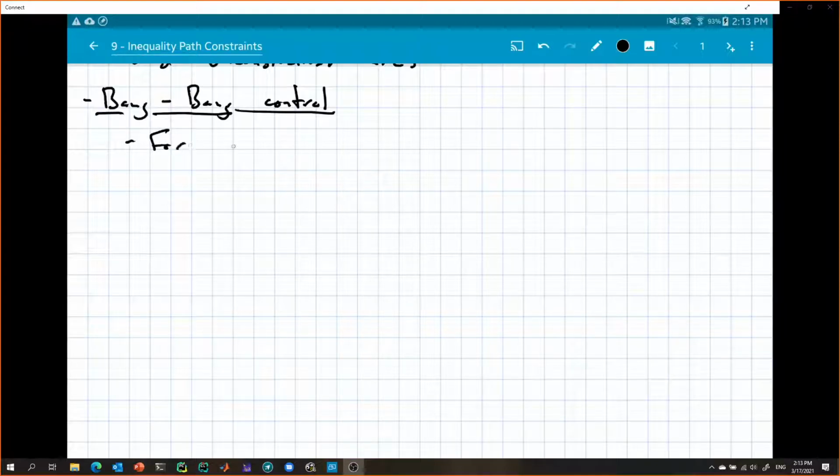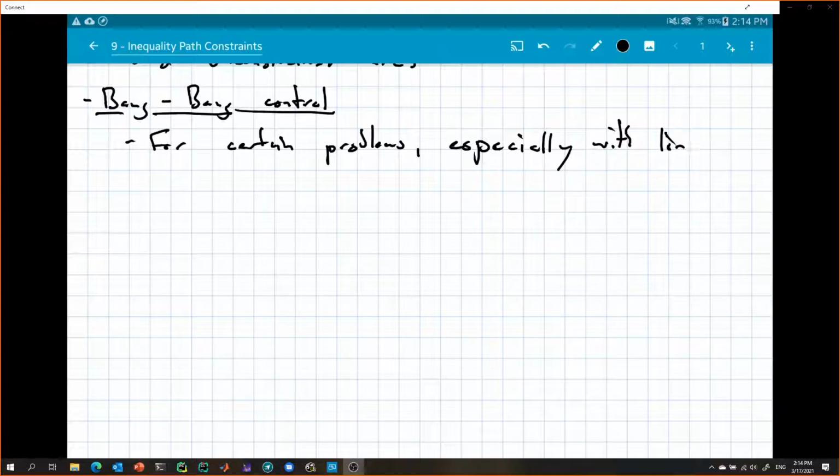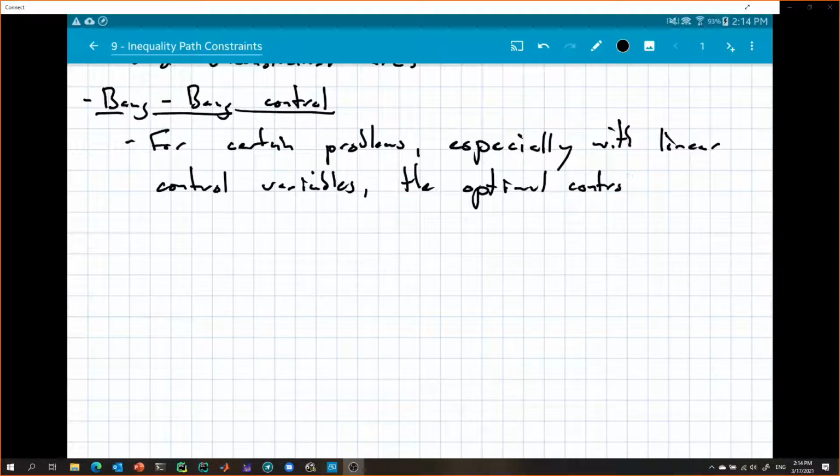For certain problems, especially with linear control variables, the optimal control will reside on the constraint boundary, and this makes sense.